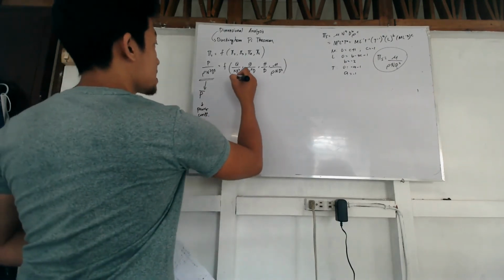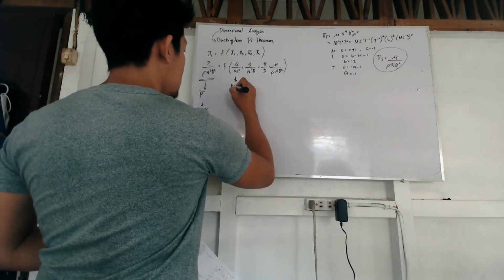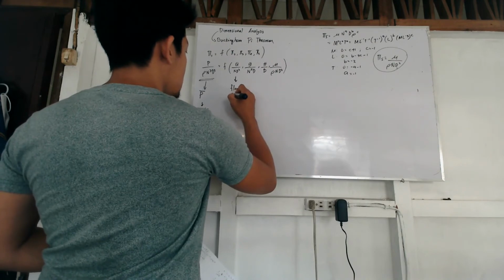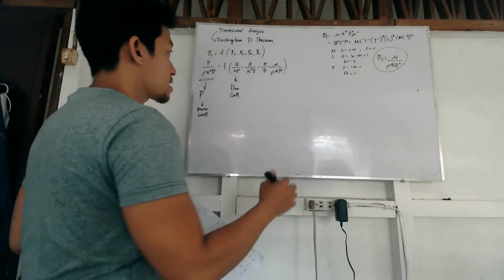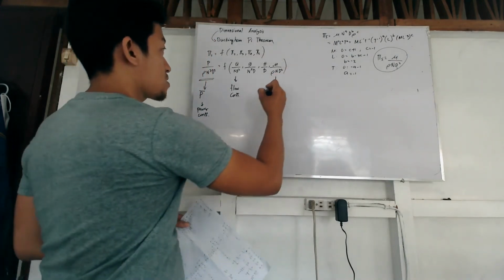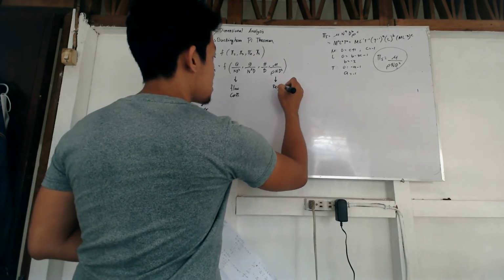This is your flow coefficient. This one, this is what you call the Reynolds number.